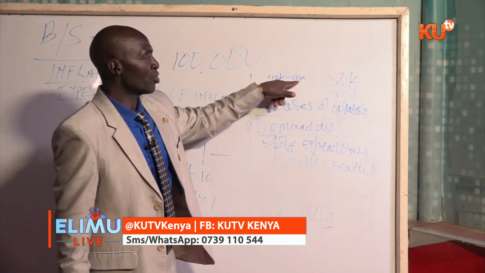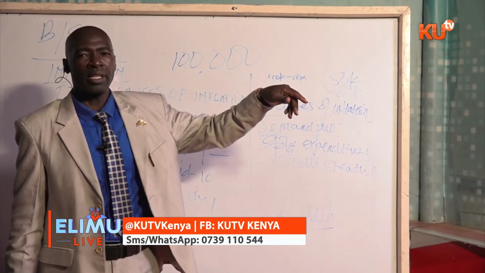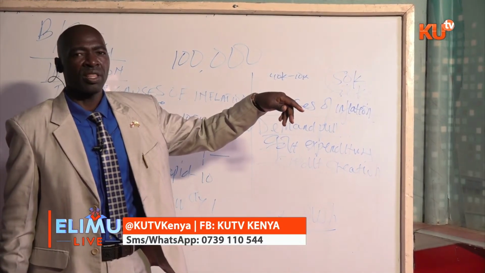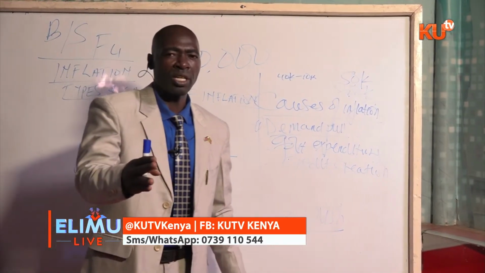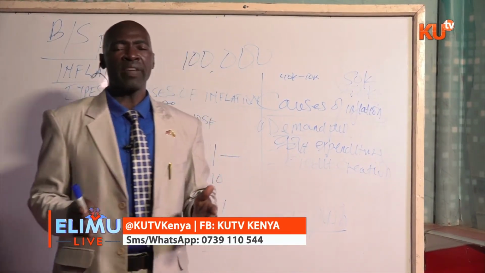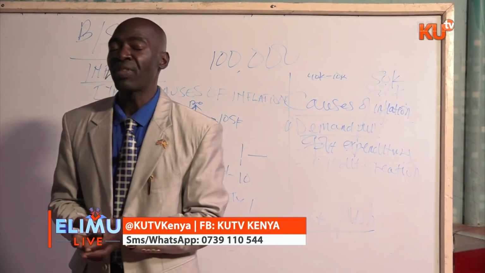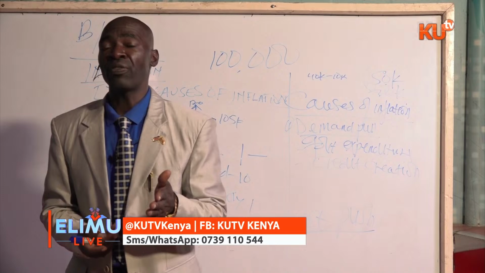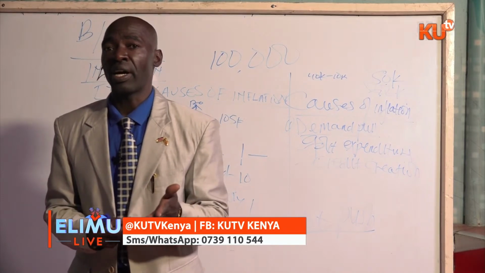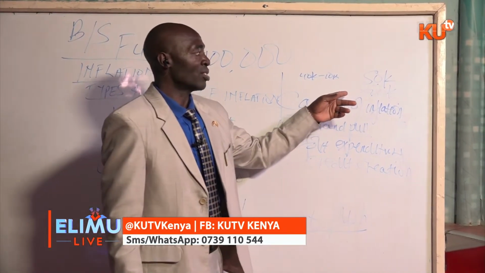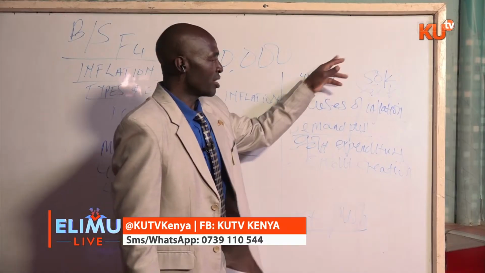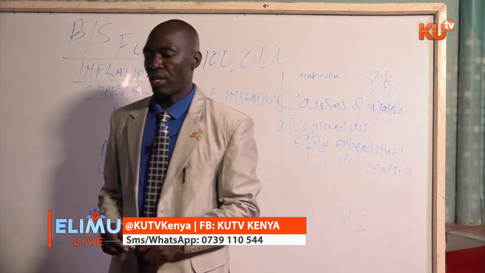This is a clear indicator that you will also show the world that your standard of living has changed. The life you used to live at 40,000 will not be the same life you are going to live at maybe 200,000. That is what we call the increase in incomes.